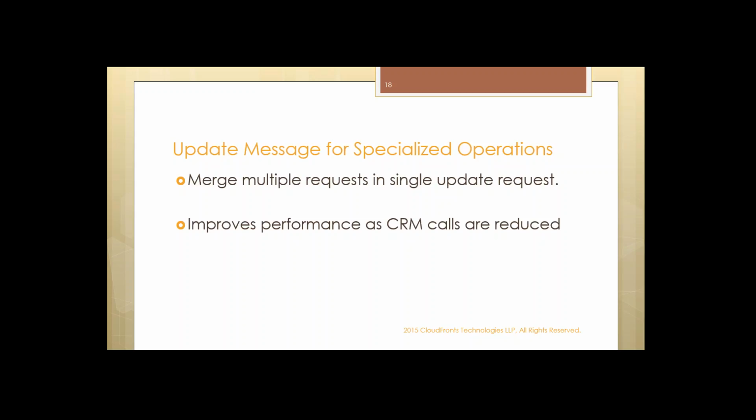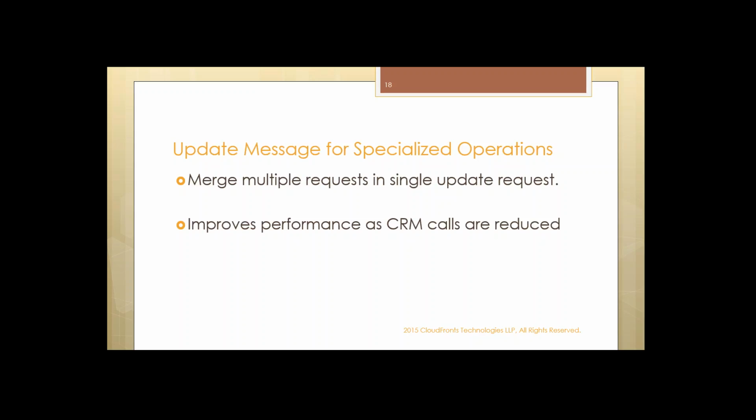Previously with CRM, we had to do three different requests. One is for updating the field, one is for assigning the record or changing the owner, and third is for setting the state of the record, because these were considered three different requests for CRM. With this new release, the update message now comprises all these requests in a single update request.